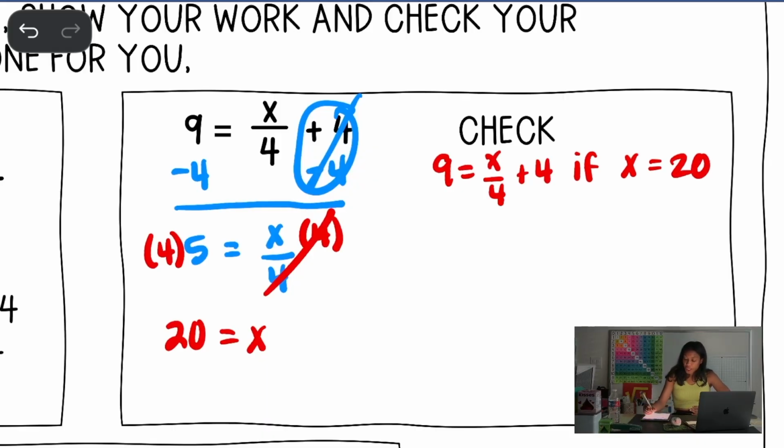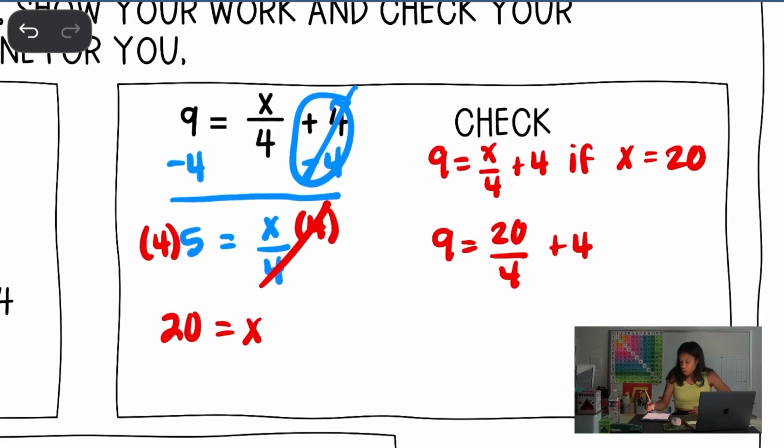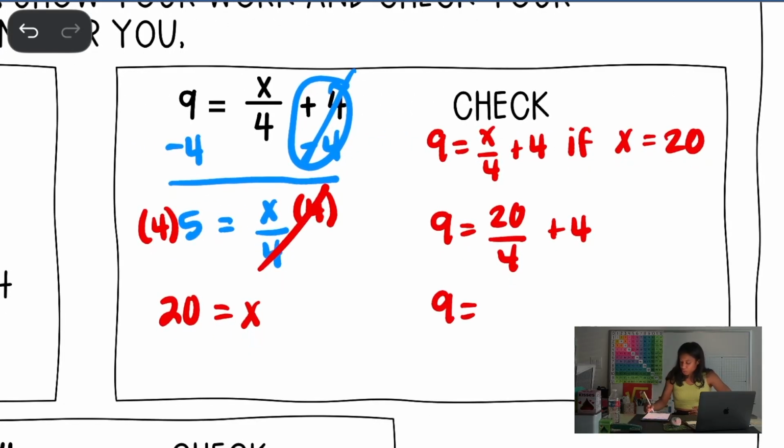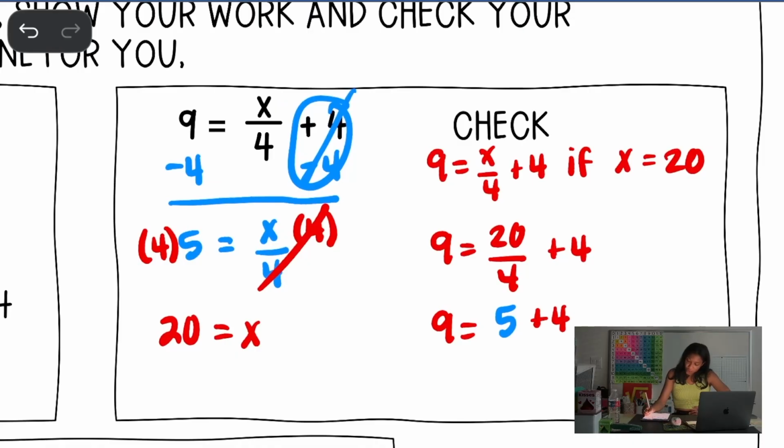And then I can go ahead and substitute. So 9 equals 20 over 4 plus 4. This is equal to 5 plus 4, and then 9 equals 9. That checks out. All right.